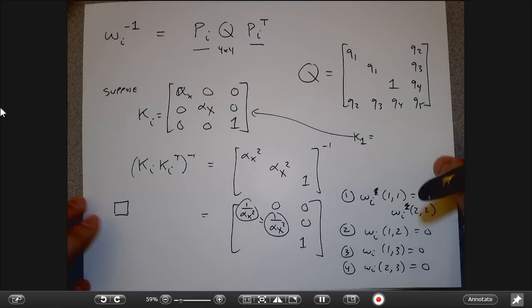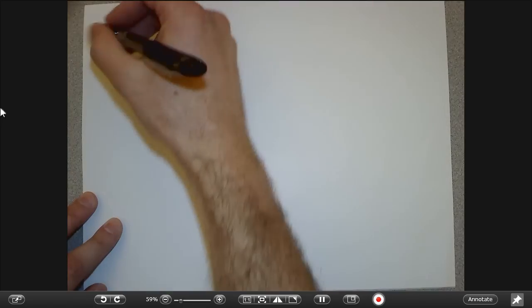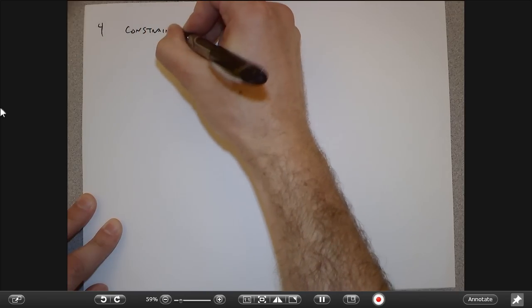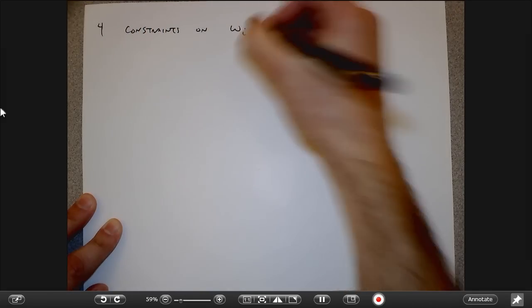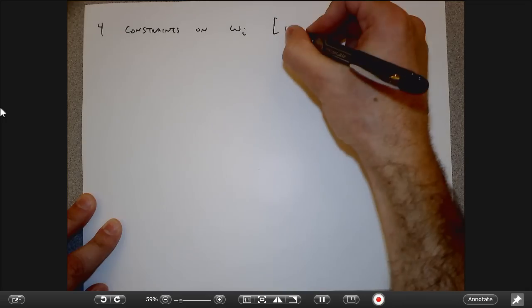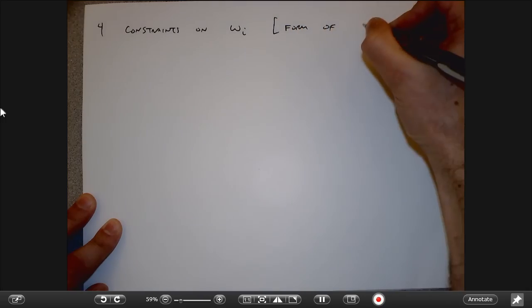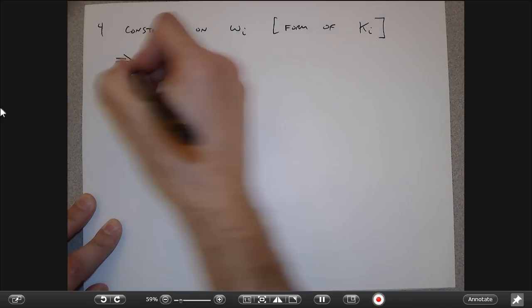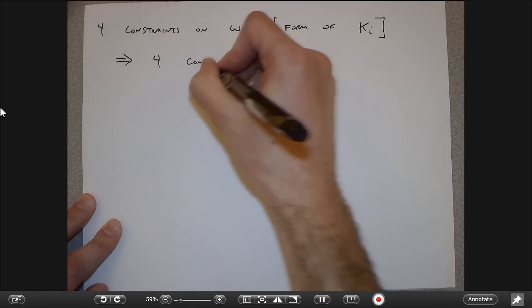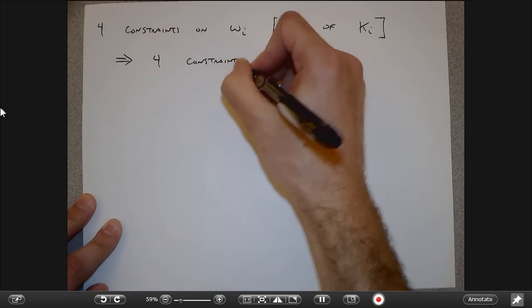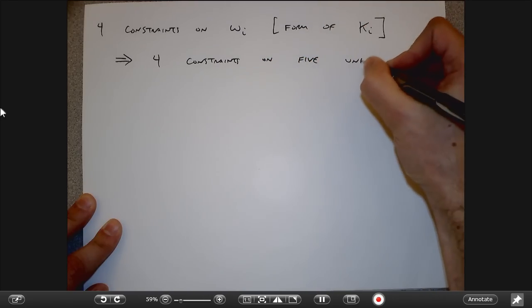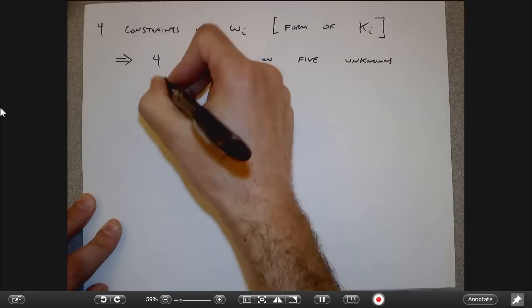So if I were to write this a little bit more nicely, what I would say is that 4 constraints on omega I, which come from the form of the known camera calibration matrix, lead to 4 constraints on the 5 unknowns of this Q matrix.